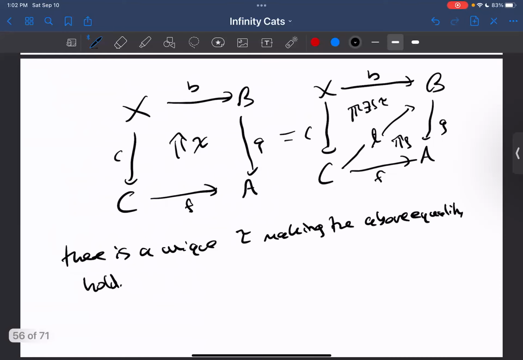So this is some sort of dual to Kan extension. So whenever we have a natural transformation from this here to some other infinity category, we can just lift it through this rho.